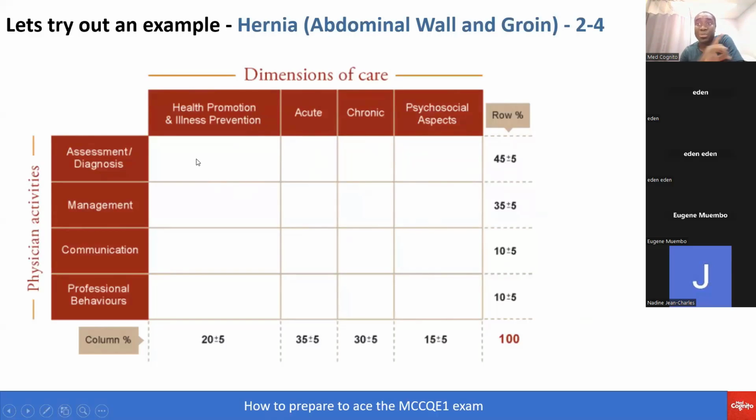So if you go through the objectives, for every single objective, if it is a case like headache, ask yourself, if the headache presents in a child, what is my assessment? What's my diagnosis? What are the red flags I need to know? What are the causes of headache which are going to kill the patient? How am I going to manage the patient?